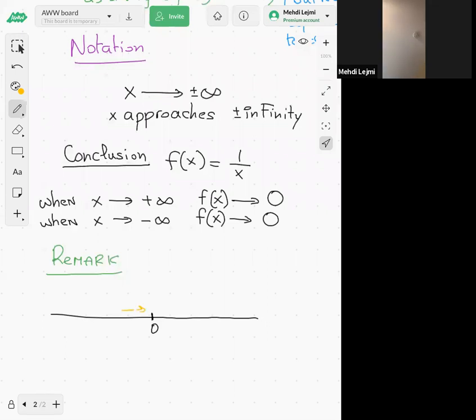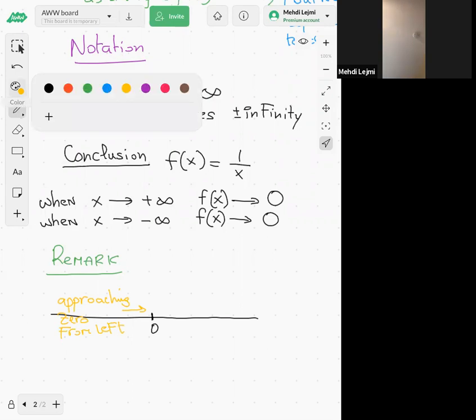So here I'm approaching 0 from the left, or, of course, you can approach 0 from the right.